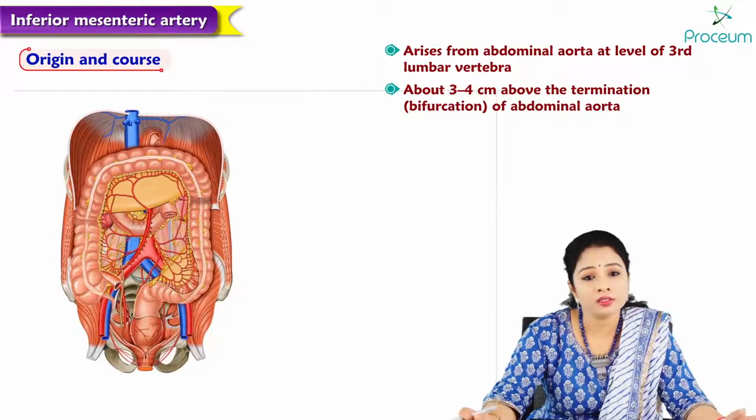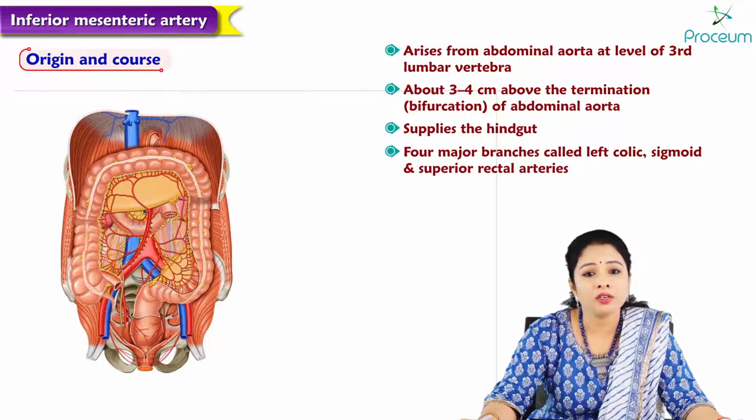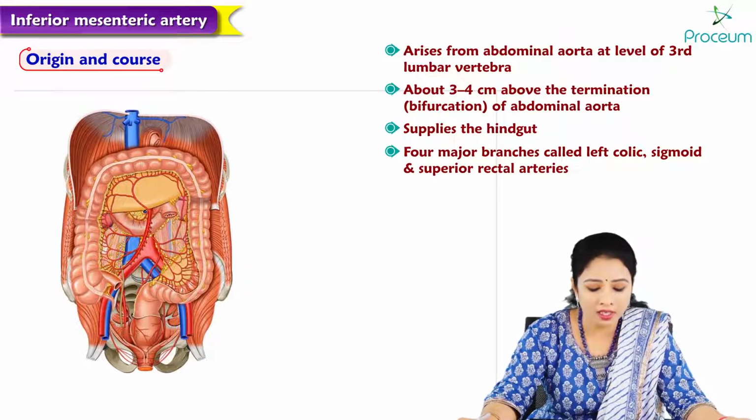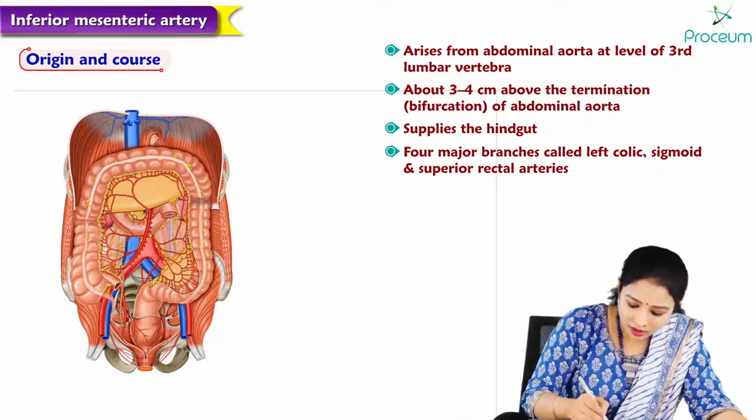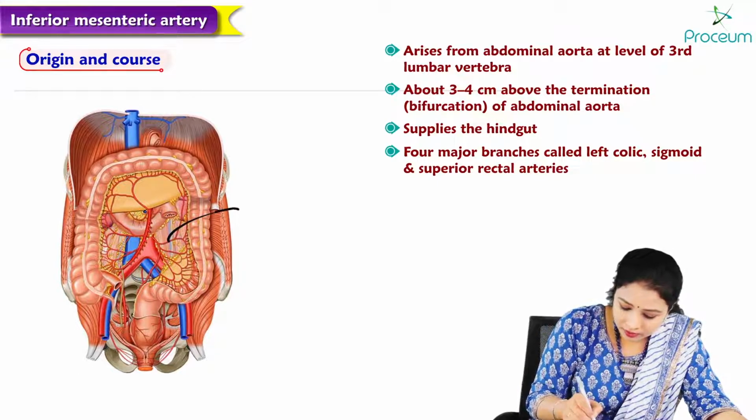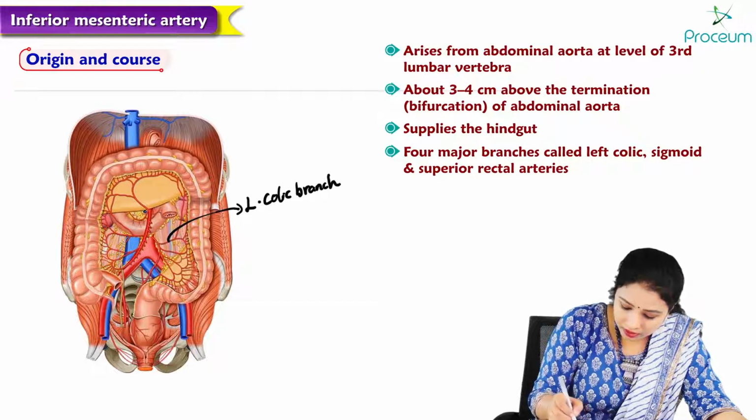So the inferior mesenteric artery is the artery of the hindgut and it has major branches called the left colic branches, then sigmoidal branches and superior rectal arteries. So here we can see the left colic branch.